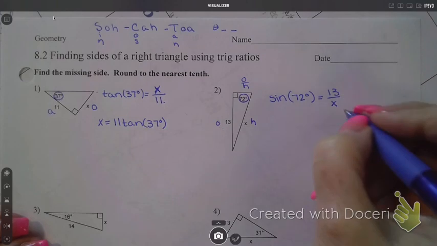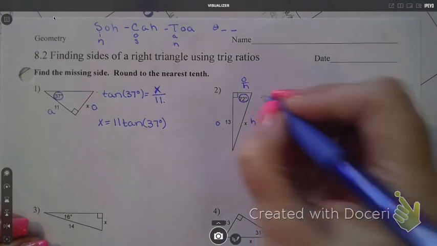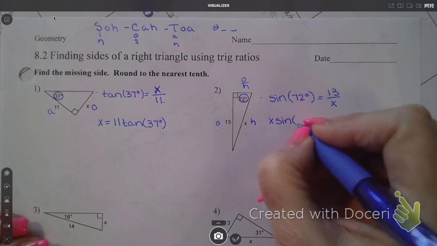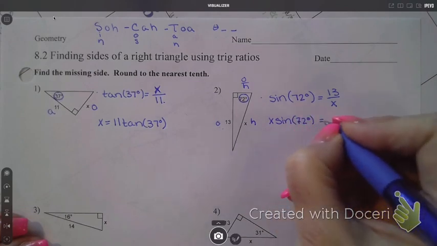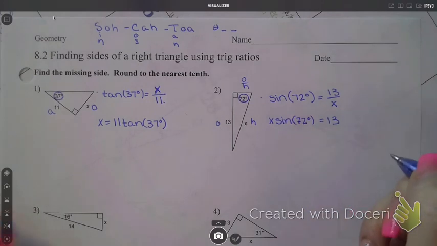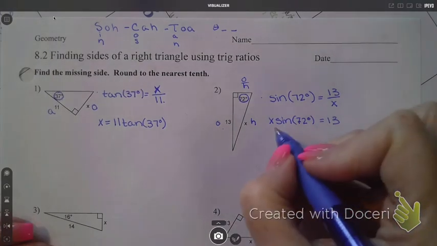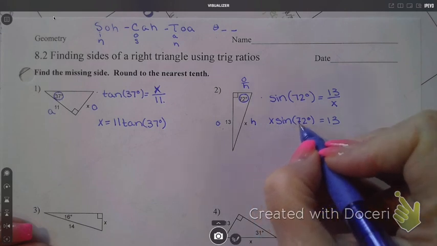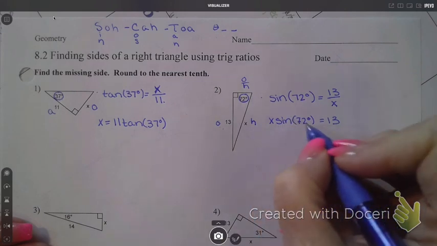So then I cross multiply by X, and I get X sine of 72 degrees equals 13. I'm just doing basic algebra, right? But I don't have X equals yet, do I? No. So how do I move the sine of 72 over? Not minus.